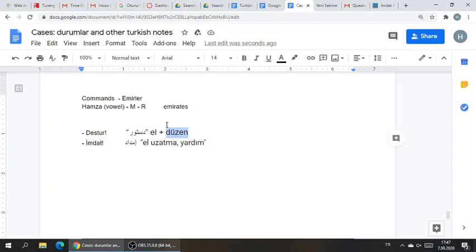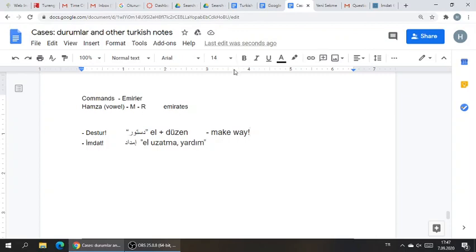Destur means, you could say, make way. When your army is coming and you want to say, make way, the army's here. Destur. It's not that common, but you'll hear it.